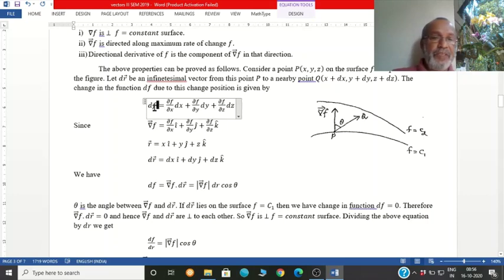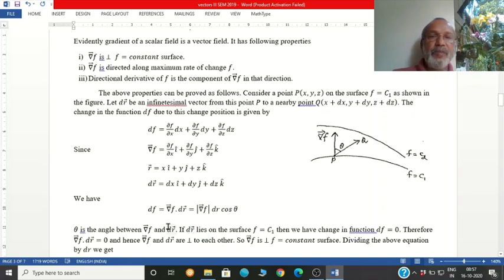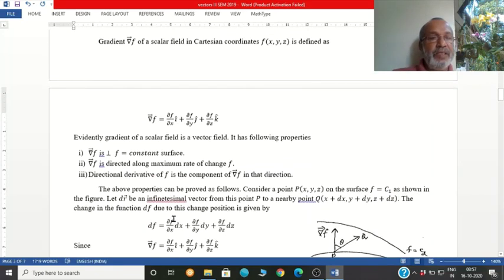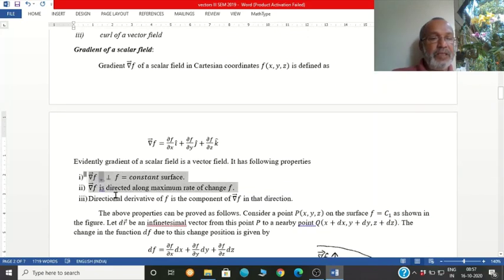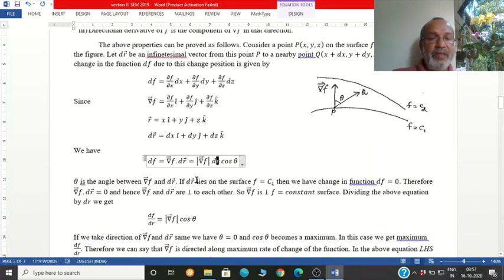So df is equal to the dot product of del f and dr, that is del f dot dr. So from the definition of dot product, we have the magnitude of del f, magnitude of dr, into the cosine of the angle between del f and dr. So df = |del f| |dr| cos theta. Now we can draw all these three conclusions about del f from this particular equation.